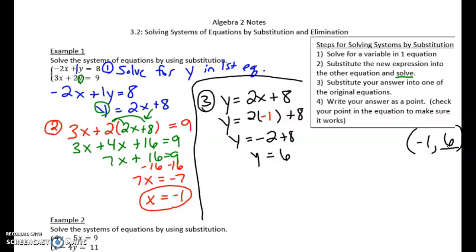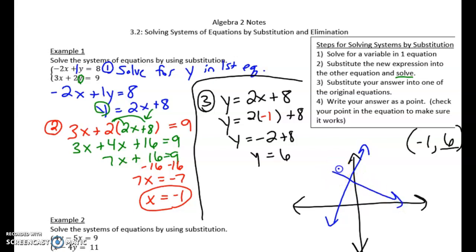Now if I would have graphed this out, this would have given me the same answer. We could have done it just like we did yesterday, but we don't need to do it like that. This is just another method. If I would have graphed it out, y equals 2x plus 8 might look something like this, and the second equation would end up being y equals negative 3 over 2 x plus 4.5.